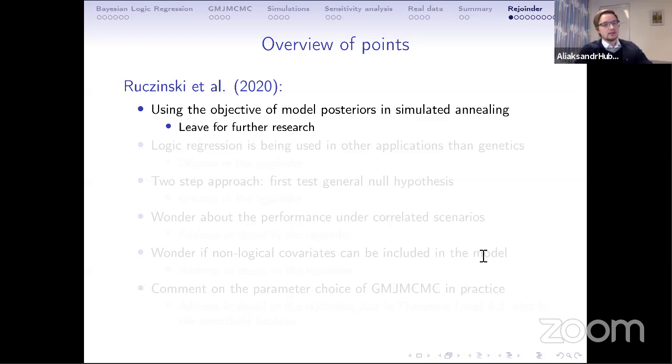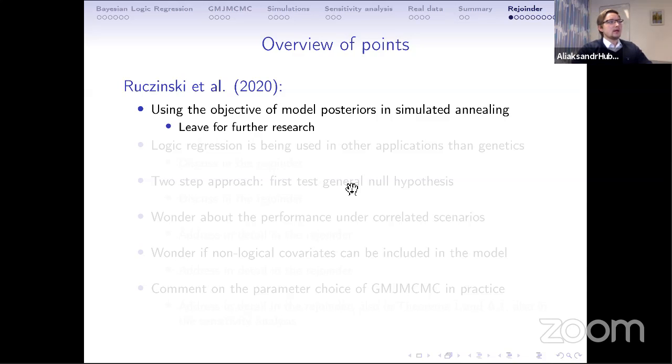It is also related to the comment by Bogdan and her colleagues on the possibility of using parallel tempering approaches for MCMC and changing temperatures for different threads of GMJ MCMC, which might work as a way to further improve the quality of the inference.